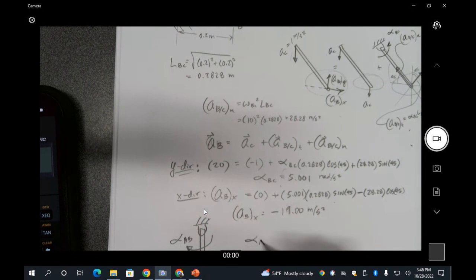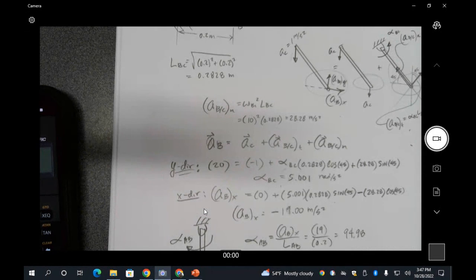And so alpha AB should be equal to AB X divided by L AB, or 19 divided by 0.2. And that becomes an alpha of 94.98.